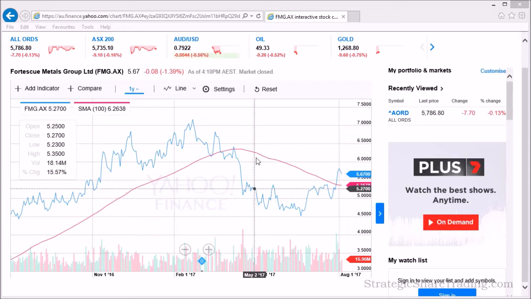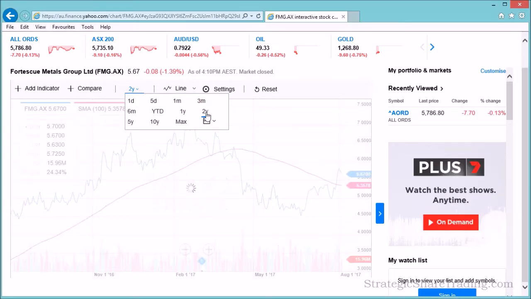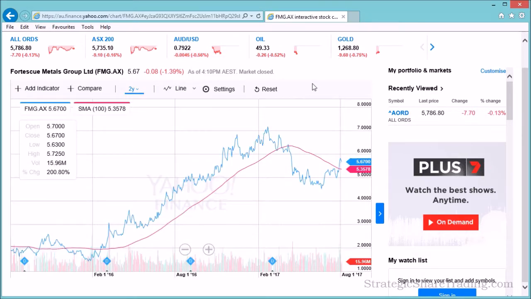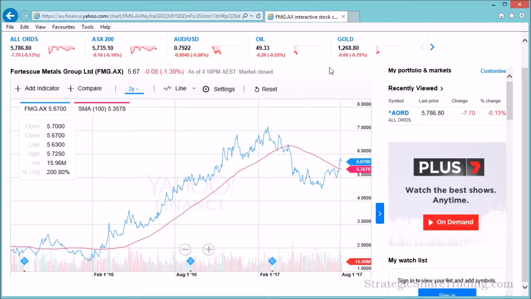If I expand this chart out to 2 years of data, you can see FMG's gone from $2 to over $5. That's like a 150% rise.